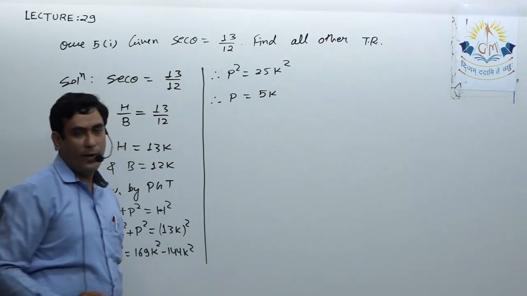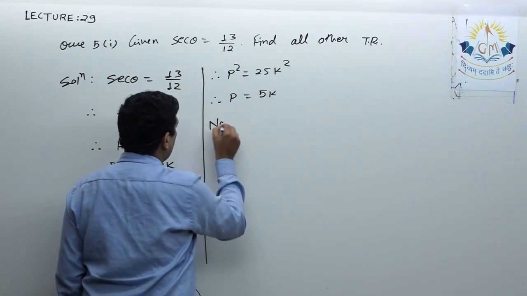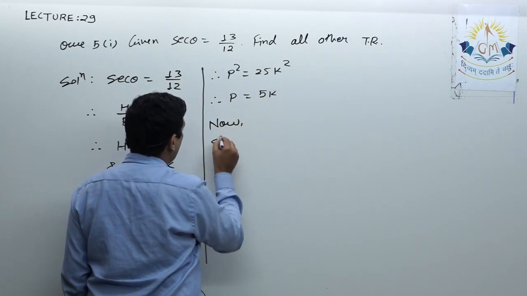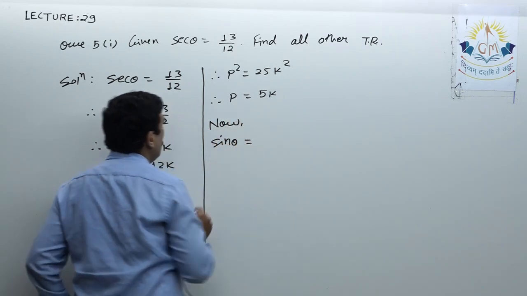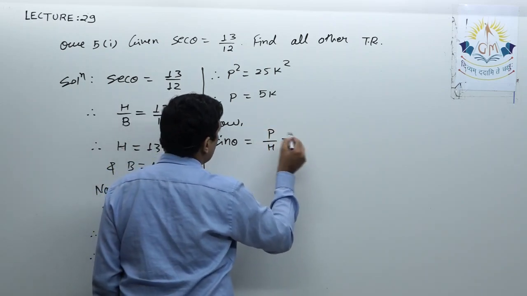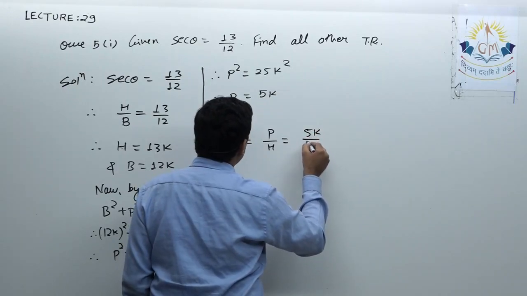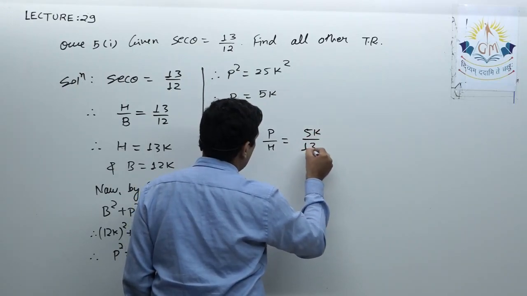Now it's easy to find all the ratios. We'll start in sequence. First we'll do sine theta. Sine theta is equal to perpendicular upon hypotenuse. Perpendicular is 5k, hypotenuse is 13k.